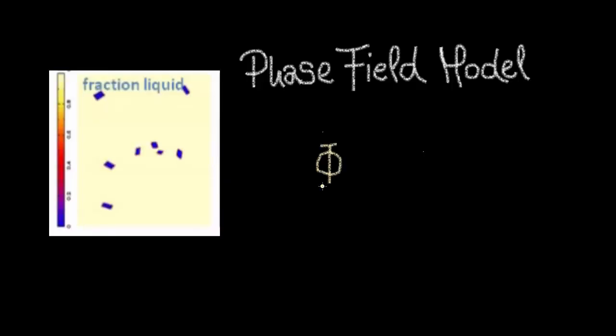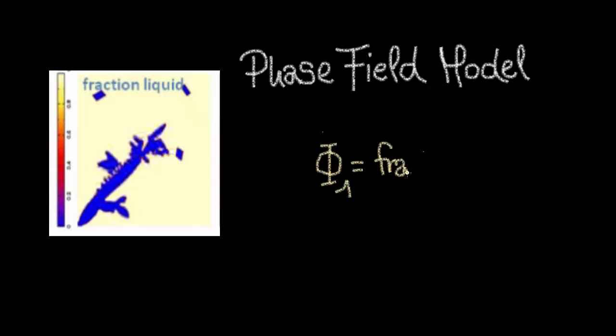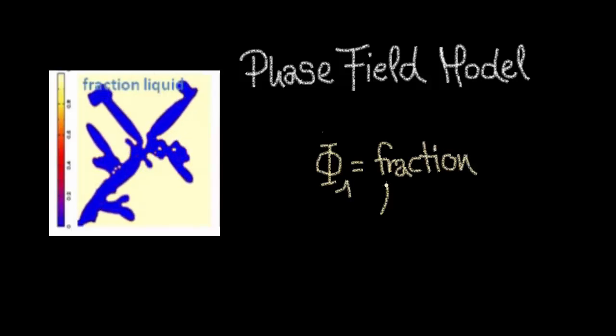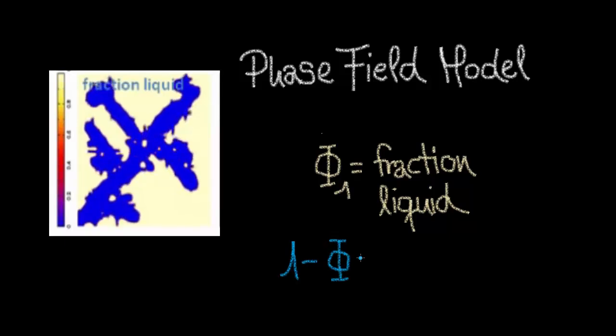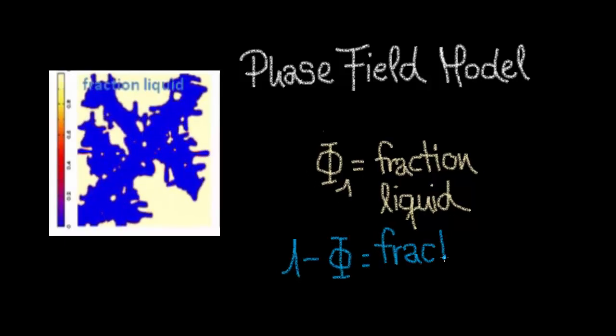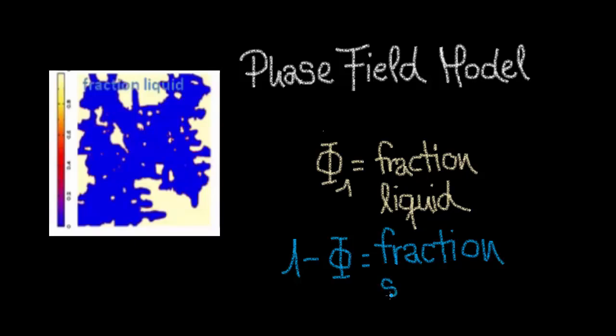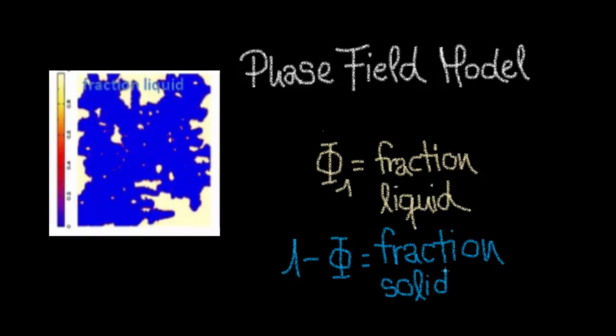What I showed by now is a phase field model for a simple binary system consisting of 2 phases only, the liquid and the solid. So we have now a phase field model which can describe the evolution of dendrites, but it cannot describe multiphase equilibria because we just had one phase field.